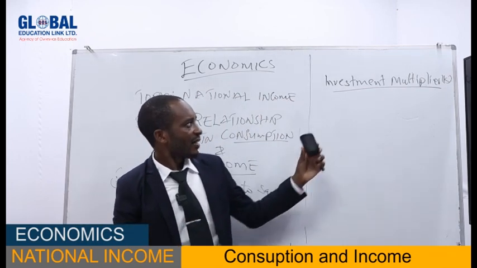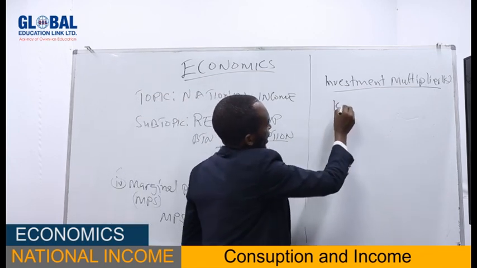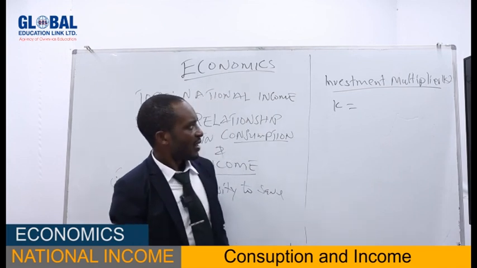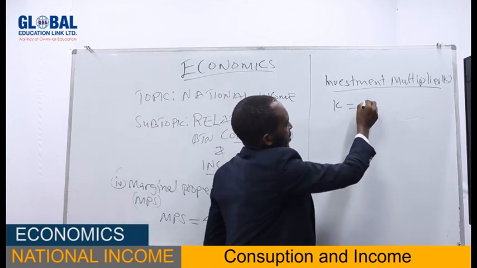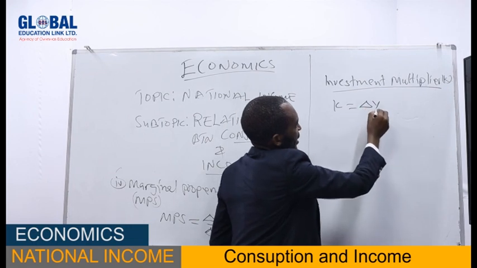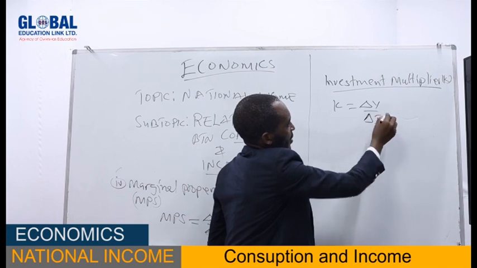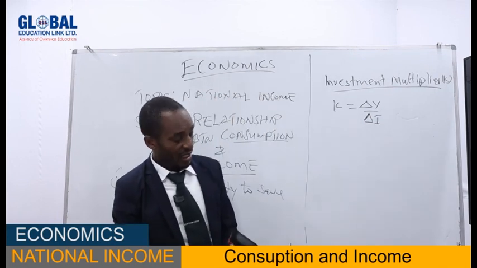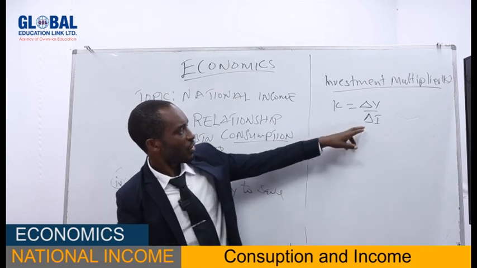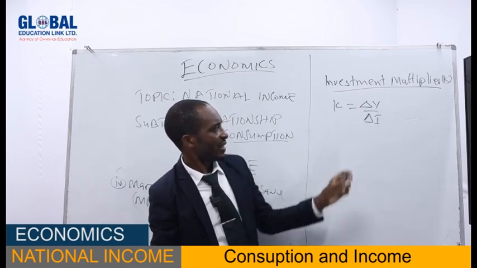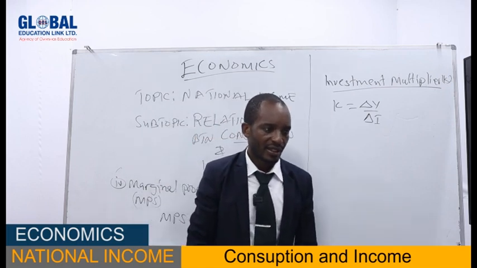Now, the investment multiplier, which is k, is the ratio of change in income as a result of change in investment. So the investment multiplier is the ratio between change in income and change in investment.